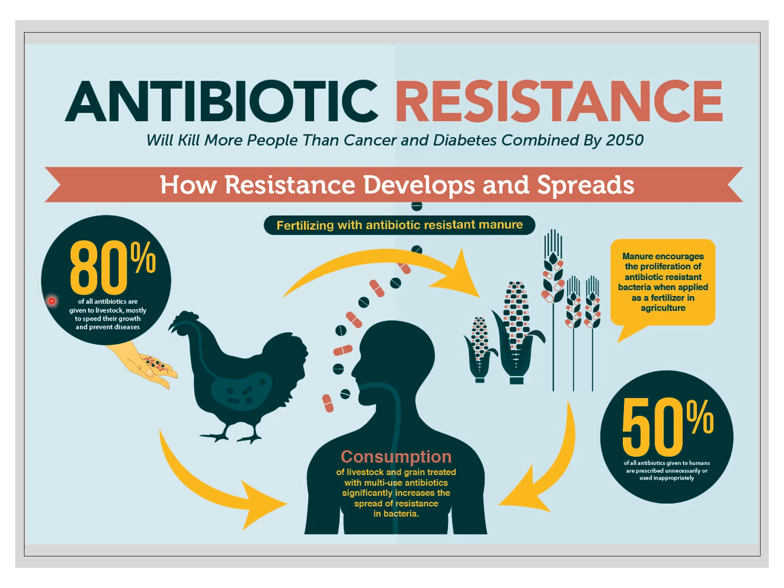It helps the growth rate and helps to prevent disease, but then we also fertilize all of our plants with the manure coming from those animals that have been fed antibiotics. So now we have plants that are exposed to those antibiotics, and then we are consuming those plants and those livestock with the antibiotic resistance. And so then any bacteria in our body is going to develop a resistance against those antibiotics.